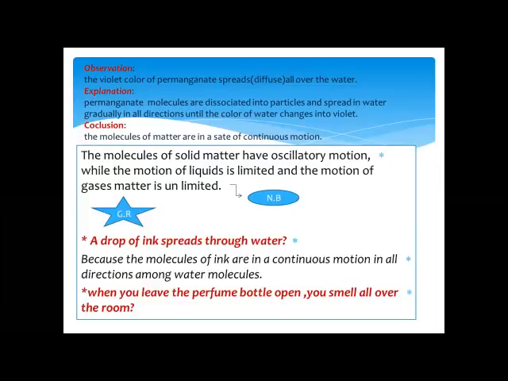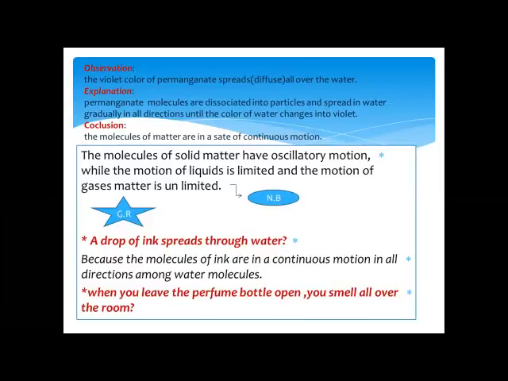What happened? Permanganate particles are dissociated into particles of the water and spread in water gradually in all directions until the color of the water changes into violet.